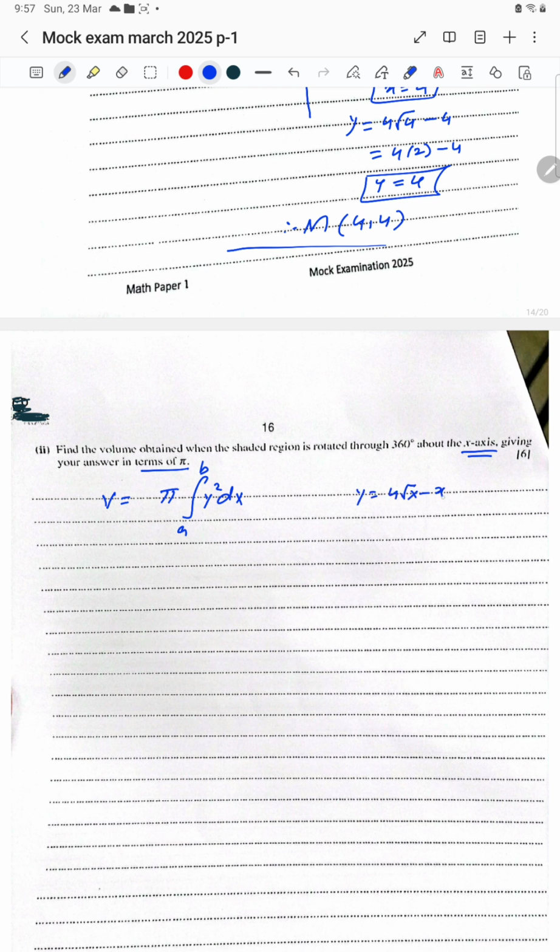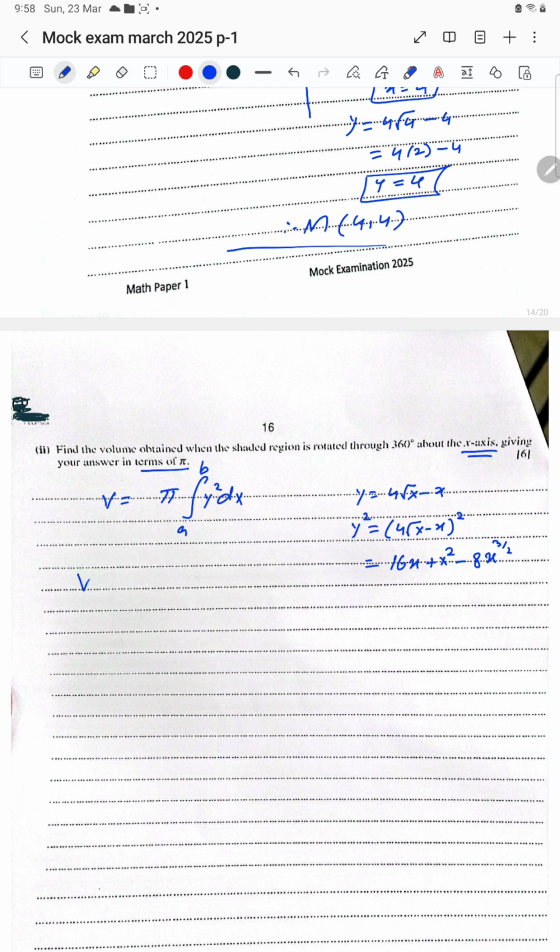First we need to solve y² separately, applying the identity (a − b)². It is 16x + x² − 8x^(3/2), right?